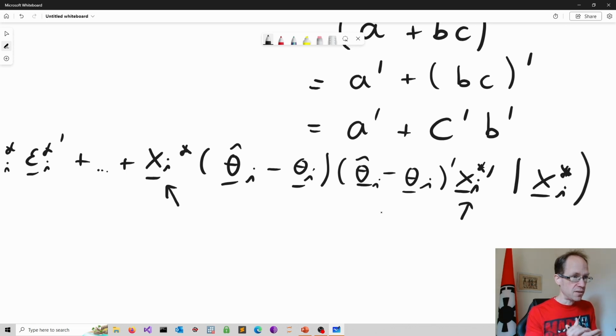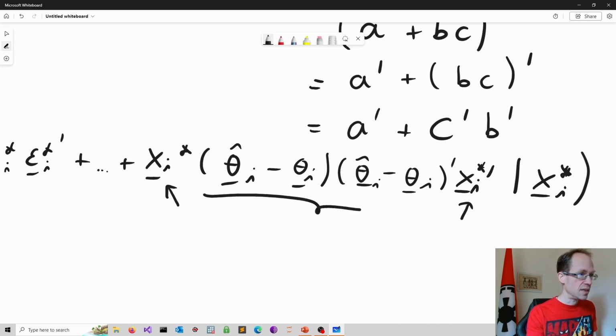Again, you have an expected value applied, so you can move these constants out, and you can apply the expected value to the term inside. And when you look at the term inside, what you have is an expected value of something to the power of 2, and that is nothing else but a variance term.